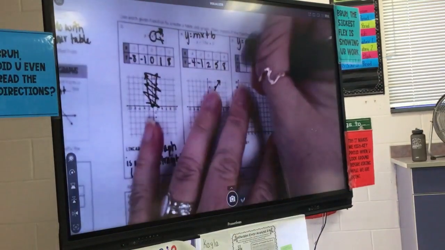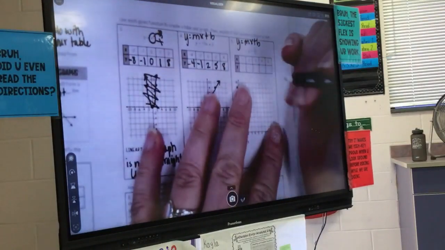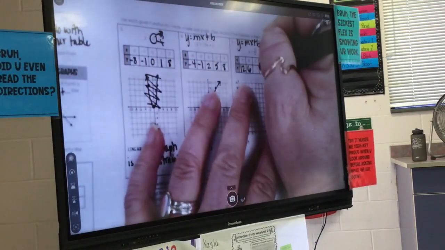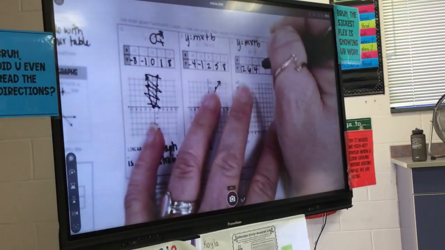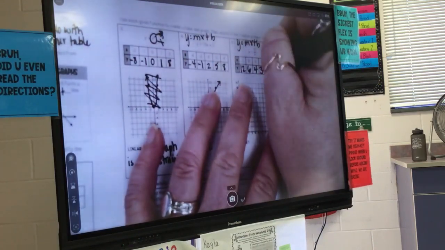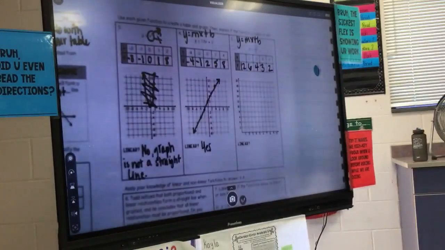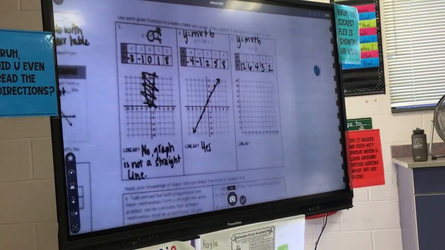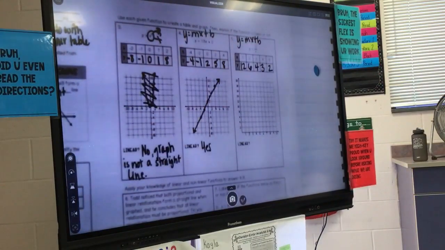When we fill this out, because we're just going to quickly go through this, you're going to get 12, 6, 4, 3, 2. So what do you notice about the table? Brayden.